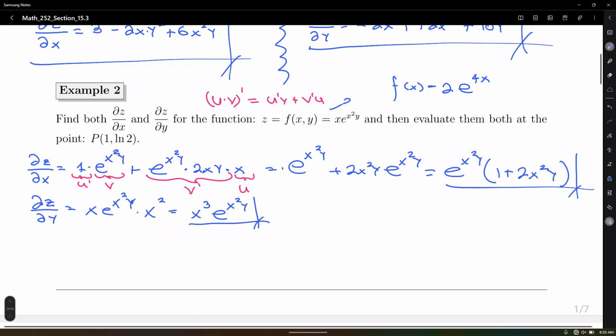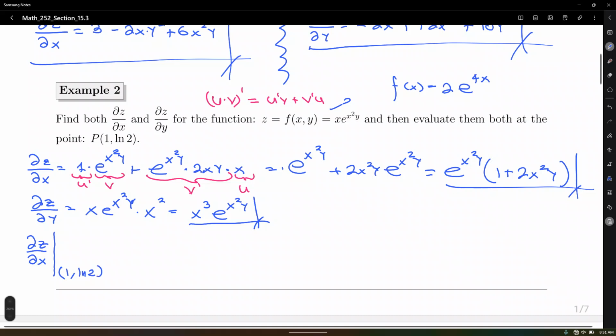So now we will evaluate the partial derivatives. Let me show you the Jacobian notation first. In the next example, I'm going to change to the Lagrangian notation, so you can see how it works for different notations. So number one, we're going to evaluate the partial derivative of z with respect to x. We put a bar, and we simply write down the ordered pair 1, ln of 2.